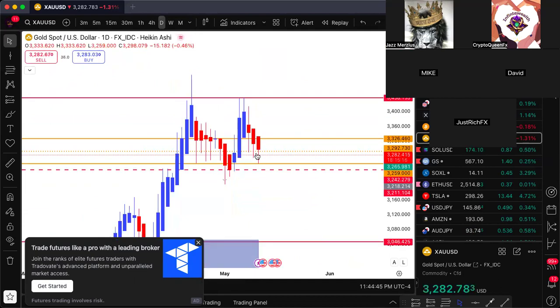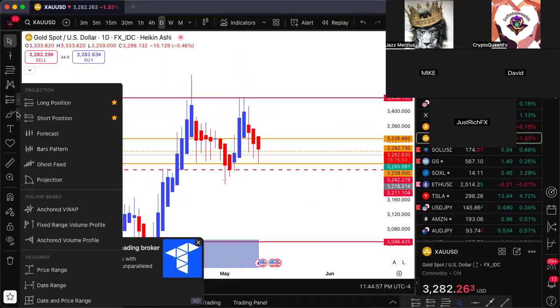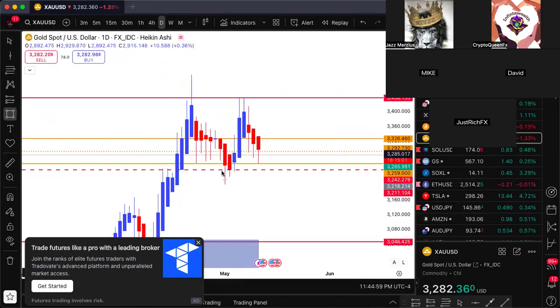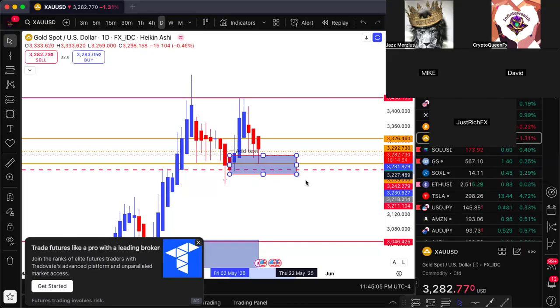It's been selling from the high, but it still hasn't broke below this area, which is a buy order block. Like we haven't had a candle that closed below it.